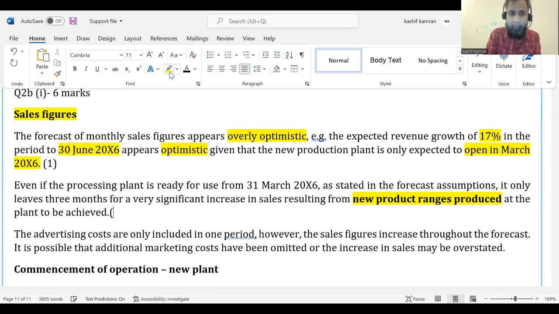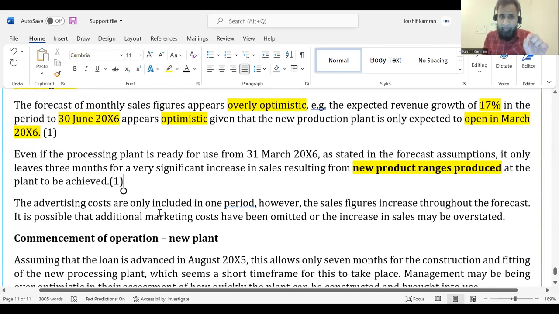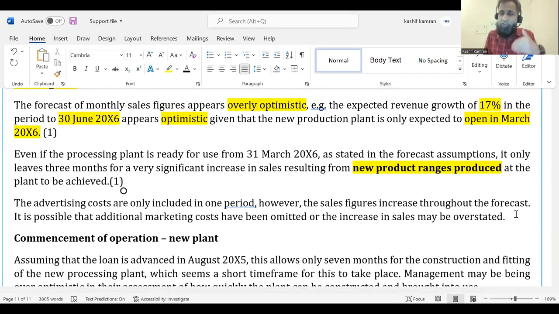Next, the advertising cost included in one period. However, the sale figure increased throughout the forecast. It is possible that additional marketing costs have been omitted or the increase in sales is overshot. Either you have omitted the marketing cost, an understatement of the cash outflows, or you have overstated the sales, because you're just incurring a marketing cost of $100,000.